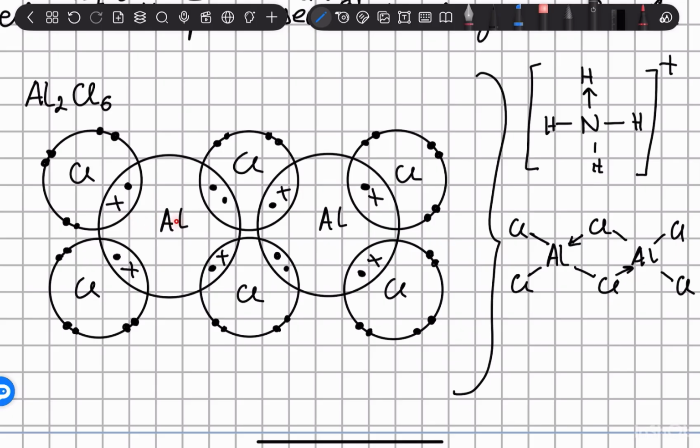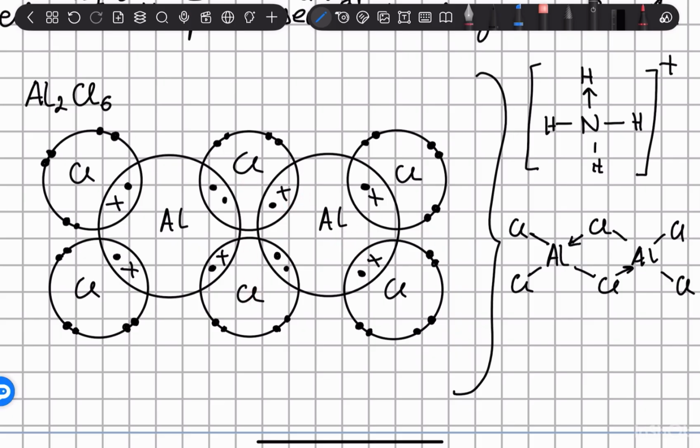So for this one, aluminium has 3 valence electrons, so it will share with 3 chlorine atoms normally. And then chlorine has a pair of electrons which it can share with aluminium so that aluminium can get its octet. And that chlorine atom will get the valence electron it needs from the other aluminium atom.